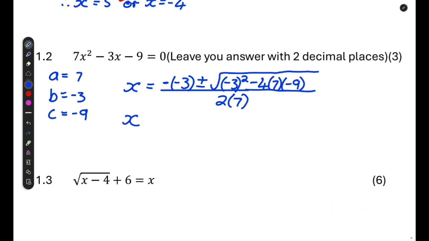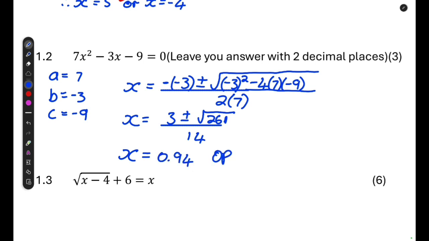Now I can just simplify one more, but most of the time they just want the final answer. So you do not even need to write the step. Let me just be complete for those who worked it out. So I can just say this is 3 plus minus square root 261 over 14. But the question stated clearly they want this in decimal form. So I need to then say, therefore, x is equal to 0.94 or x is equal to 1.37.